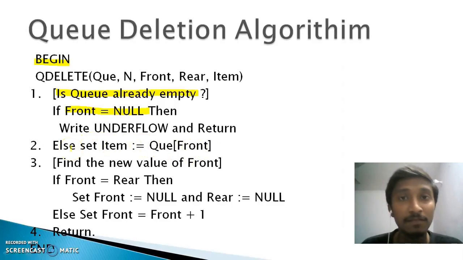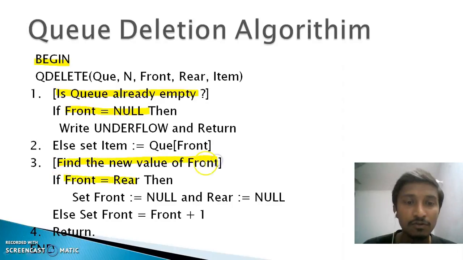Else, if there are elements in the queue, set item is equal to queue front. We will take the front value in the item. Find the new value of the front. If front is equal to rear, this means in the queue there is only one element. Assume that the size of the queue is 5 and at the front there is only one element. So front is equal to rear.